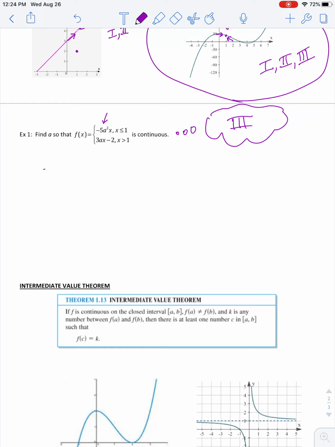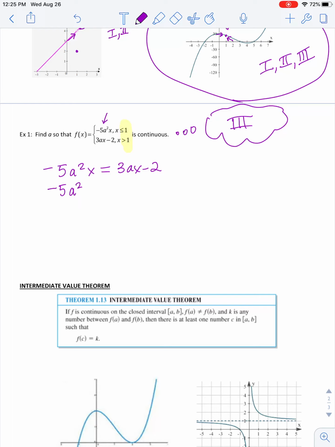So what we need is for this side of the function to equal this side, basically. And we specifically need that to happen at x equals 1, because that's where the transition occurs from one piece of the graph to the other. So what I'm going to do is put in 1 for the x values here.